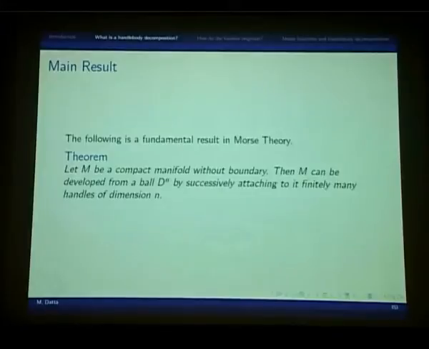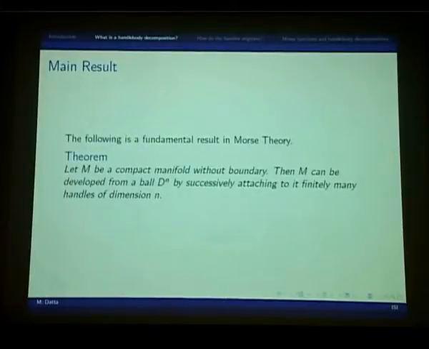Okay. The main result that we are going to address is a fundamental result in Morse theory, which says the following. If M is a compact manifold, actually you do not need compactness, so M is a manifold without boundary, then M can be developed from a ball Dn. So the dimension of M is n.